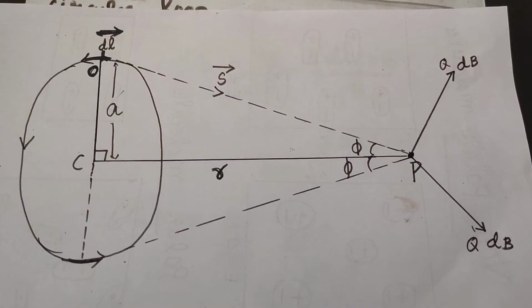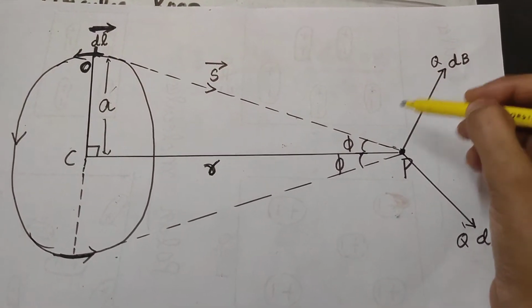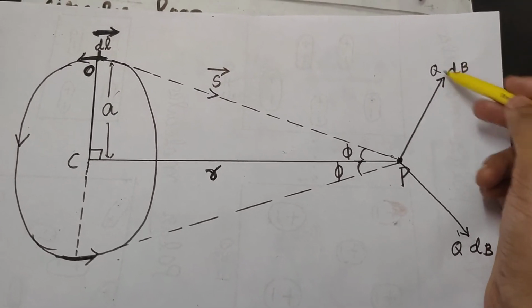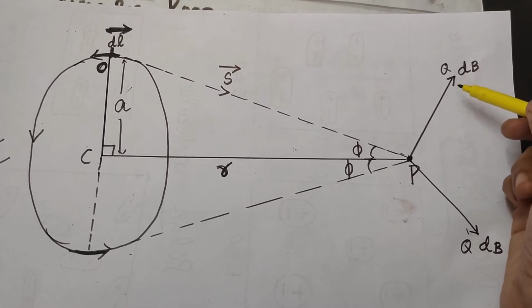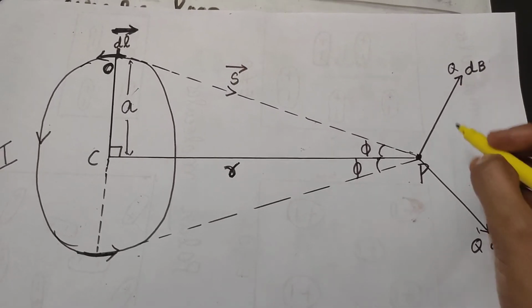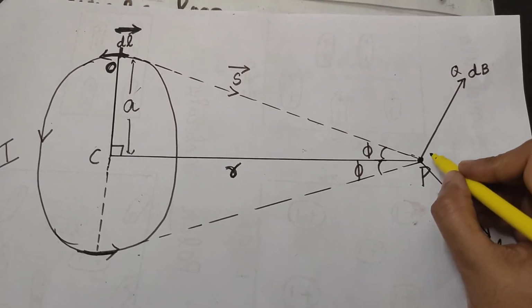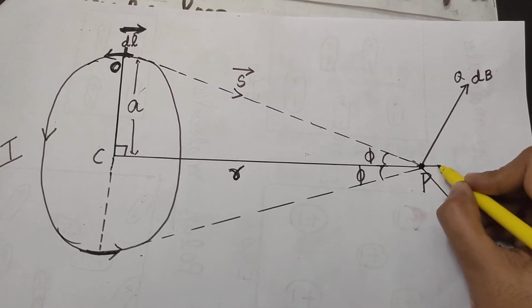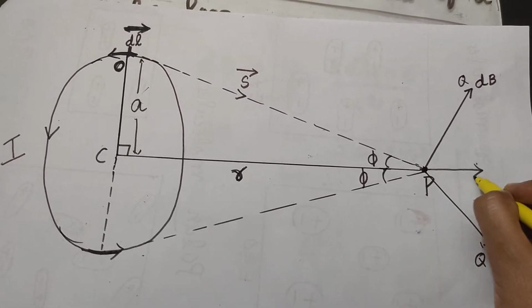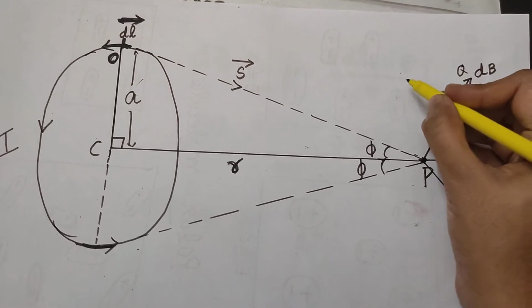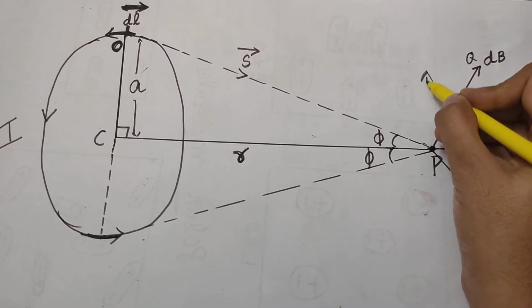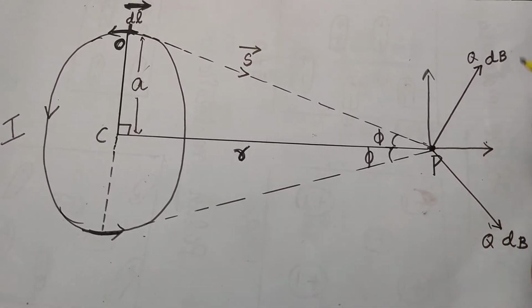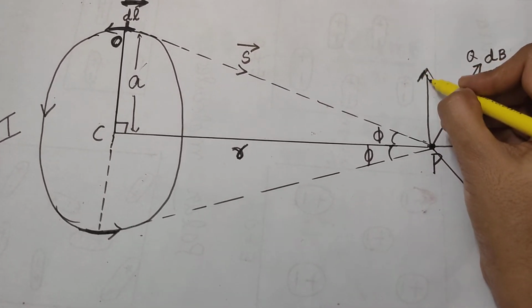Now this dB, that is the direction is shown by this line, dB can be resolved into two components. One is along the axis, along the axis means this, and it has one more component which is perpendicular to the axis, and I will draw that component like this.